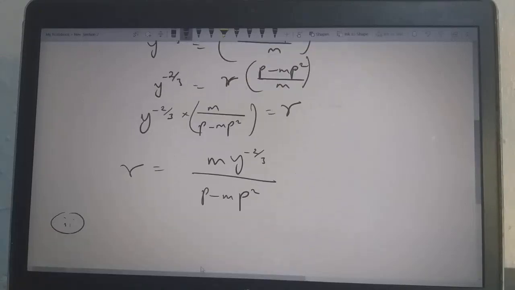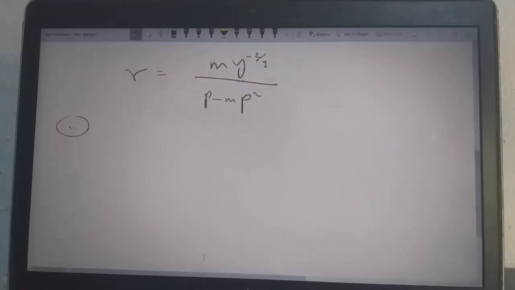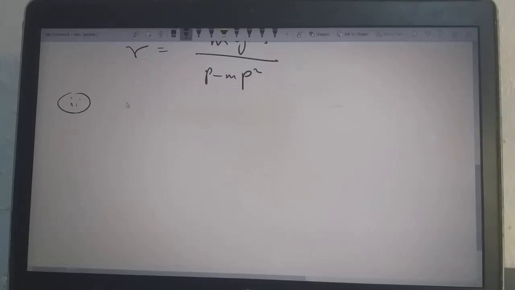So what that implies is that we have m equals 1, y equals -8, and p equals 3.